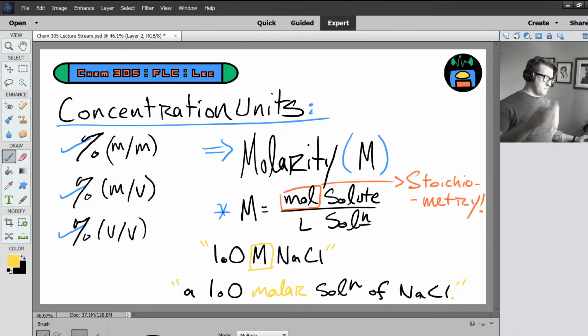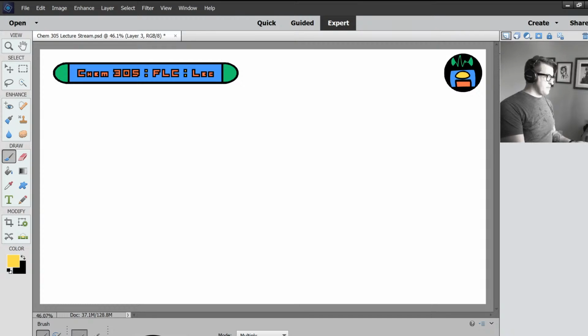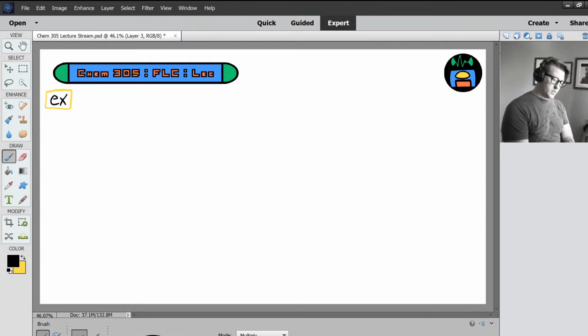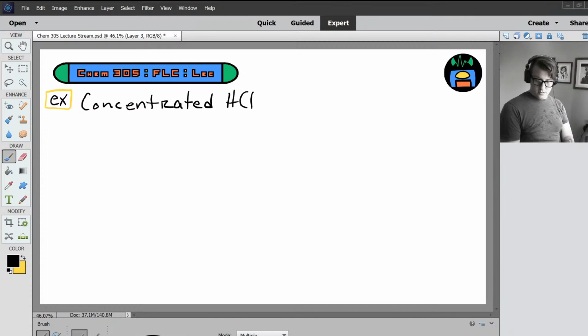All right, so let's throw this thing into the mix and start working some problems. First, let's do an example that's similar to the last two that we've done. All right. So concentrated hydrochloric acid, which is HCl.